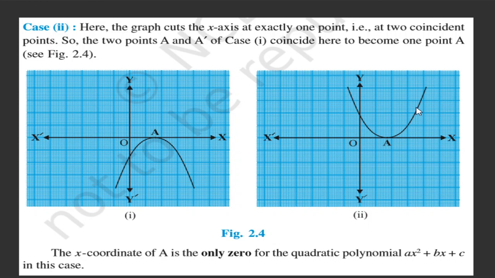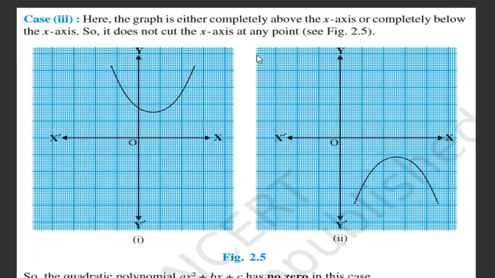Once the parabola reaches the least or the highest value, it does not come back. So in these two graphs, the parabola intersects the x-axis at exactly 1 point. That means it touches the x-axis at 1 point only. That means this quadratic polynomial has only 1 zero. So this is the second case, and now see the third case.